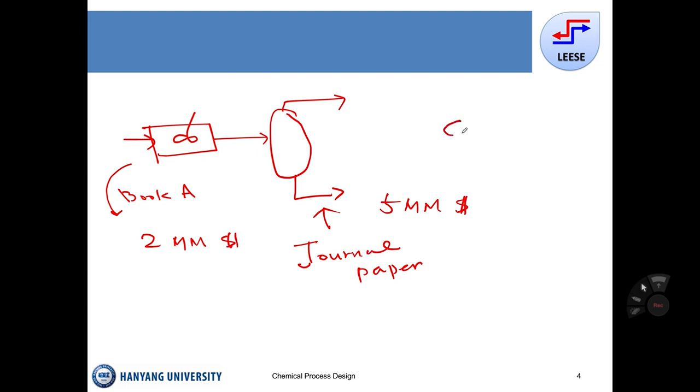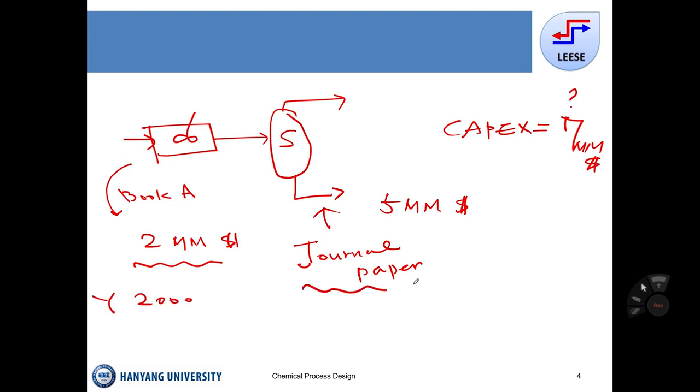Then the capex of this process, the reactor and the separator, can be 7 million. But we cannot say that, because we need to take into account when the costing for the reactor and the separator was made. This costing was made maybe in year 2000. The journal paper's $5 million is the cost at the year 2004. So the 2 million is not the same as the 5 million at 2004 compared to 2000. We need to take into account the difference in the year of evaluation in the capital costing.